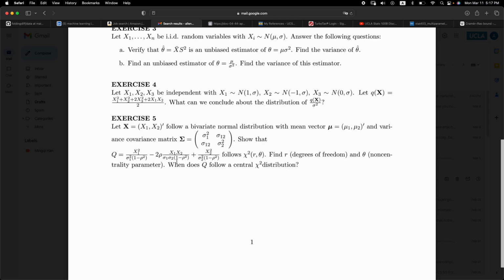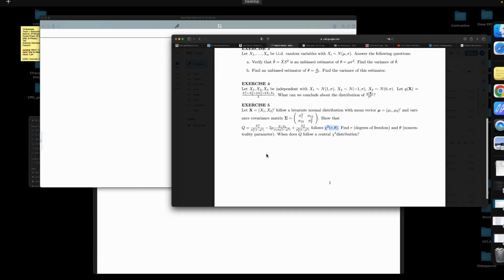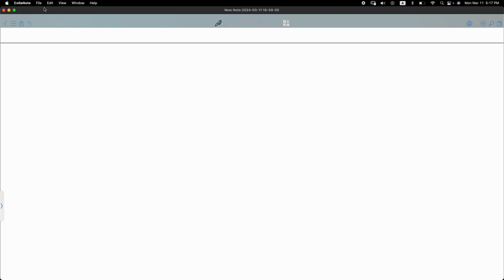Okay, so here, similar idea. We have an expression for Q, and then we're going to rewrite that as the matrix vector multiplication. And then we're going to show that it follows a chi-square. So similar strategy, but just some variation on the non-central parameter.